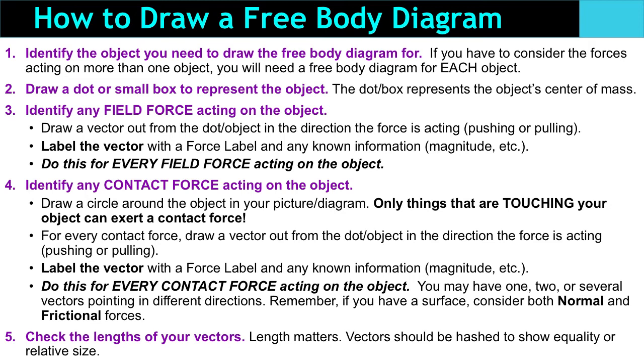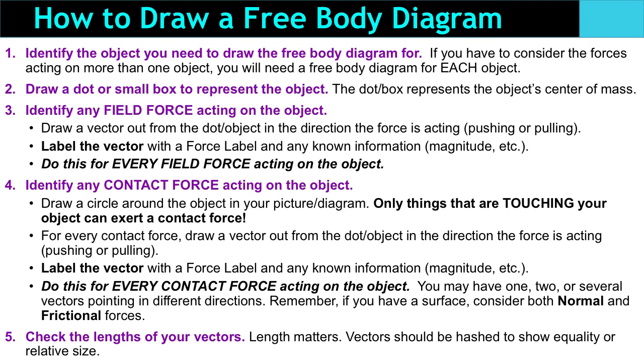If so, in what direction is it pushing or pulling? You draw your arrow on there, you label it, and if you know the magnitude or can calculate the magnitude, you do that. You're going to do that for every single contact force, every place that you have something touching the object as you go around your circle that you've drawn.